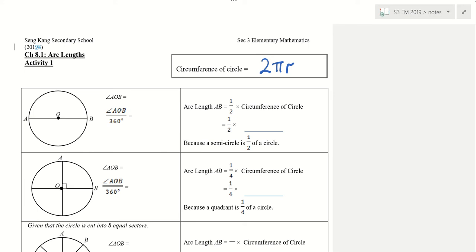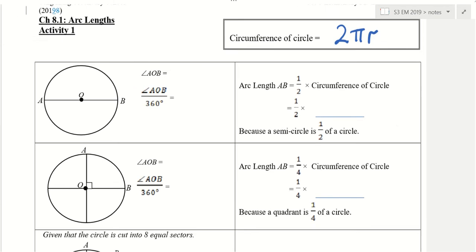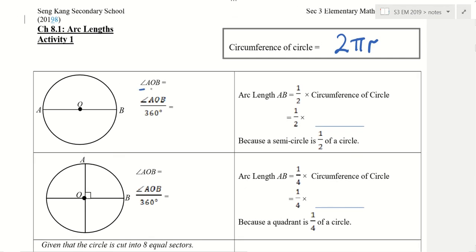Now, if I say half, like just now what Zahira mentioned, can you tell me the AOB angle? 180, yeah? So if I look at the ratio, because the entire circle is 360, this ratio can be written as 180 over 360, which is equal to half, right? Half.